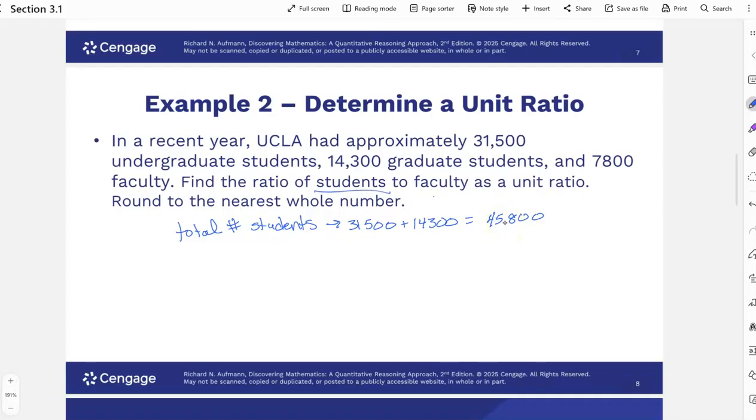So I want students to faculty. So students to faculty. And we're just going to divide that out. I'm going to do that on my calculator off screen. So 45,800 divided by 7,800. And I got 5.87, which is approximately 6. So we would think about this as 6 students to 1 faculty.